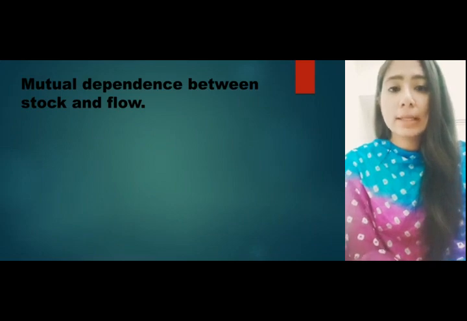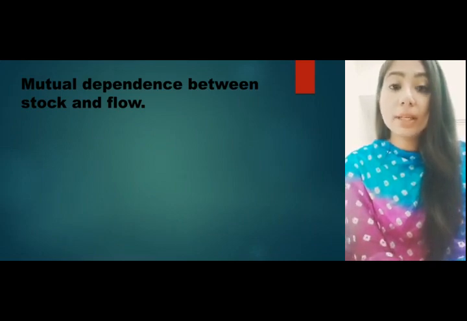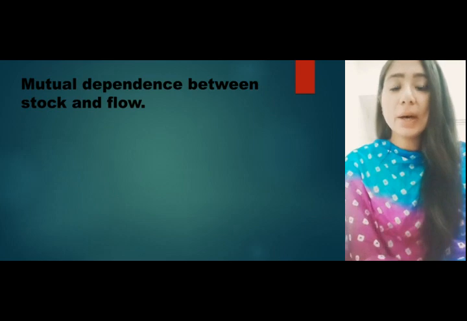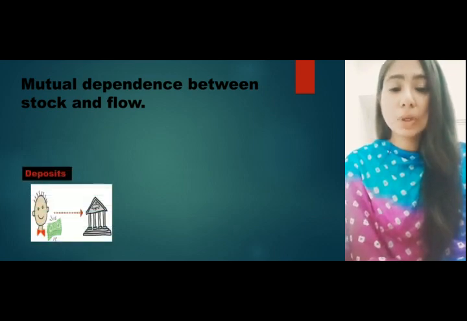So now let's talk about the mutual dependence of flow and stock on each other. Let's consider an example. If I deposit 5,000 per month in my bank account, this is my saving, and this is a flow concept.